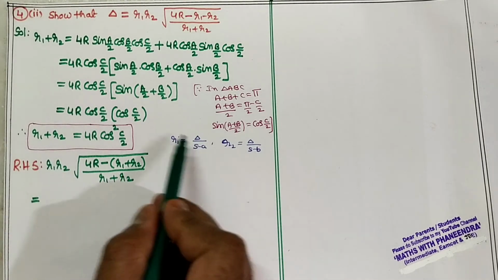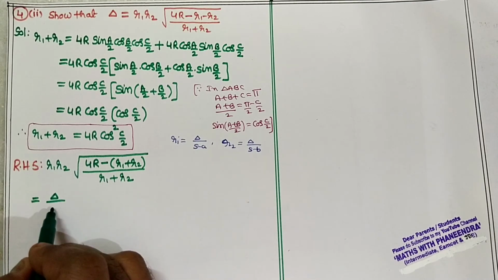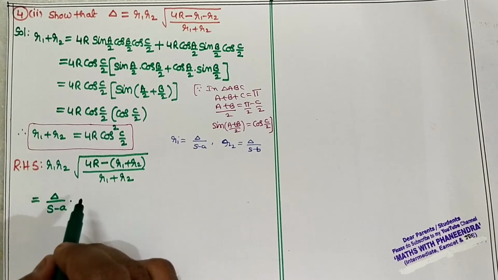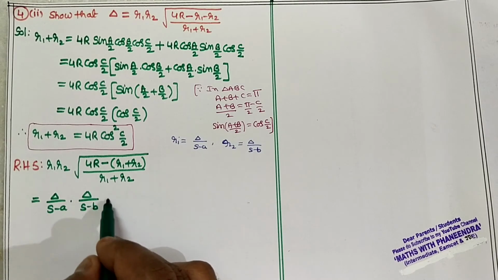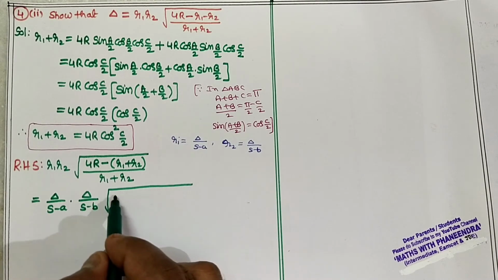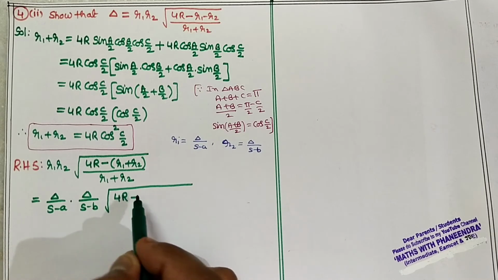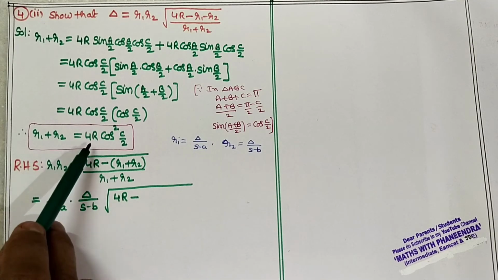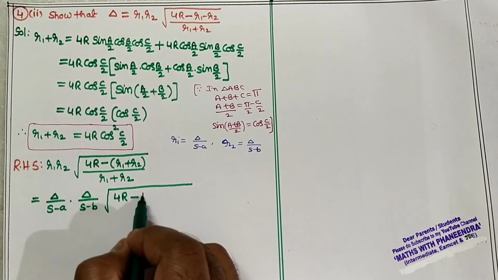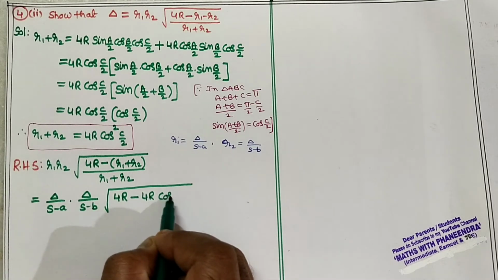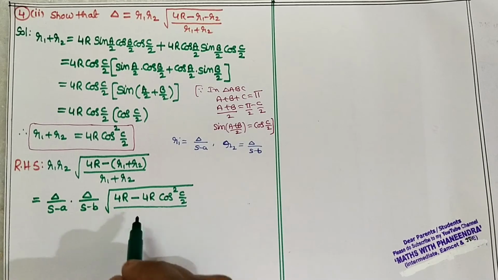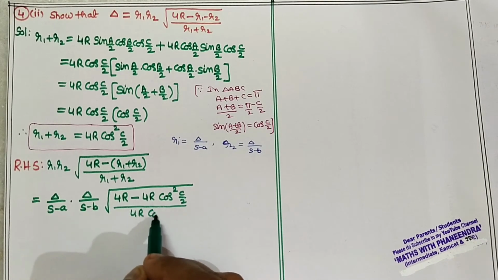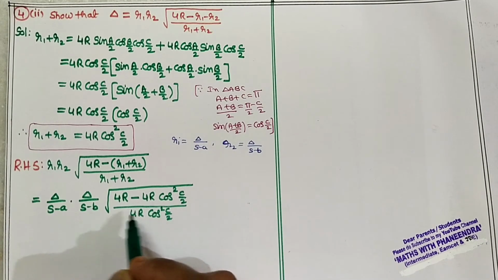Now I am writing this value delta by S minus A into R2 value is delta by S minus B into square root of 4 capital R minus R1 plus R2. We have this result: 4 capital R into cos square C by 2 whole divided by 4R into cos square C by 2.